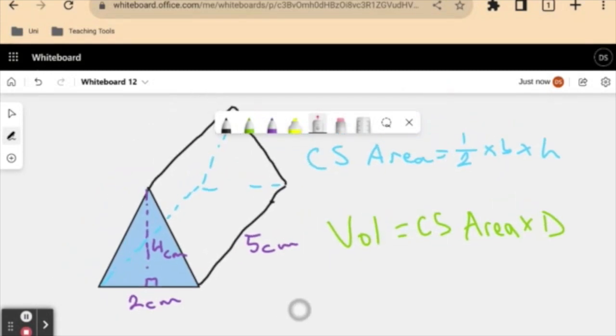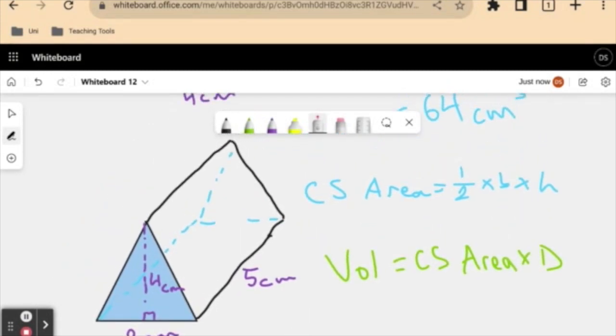Now, what's our cross-sectional area? Well, we have half multiplied by our base of 2, multiplied by our perpendicular height of 4, multiplied by 5 here.